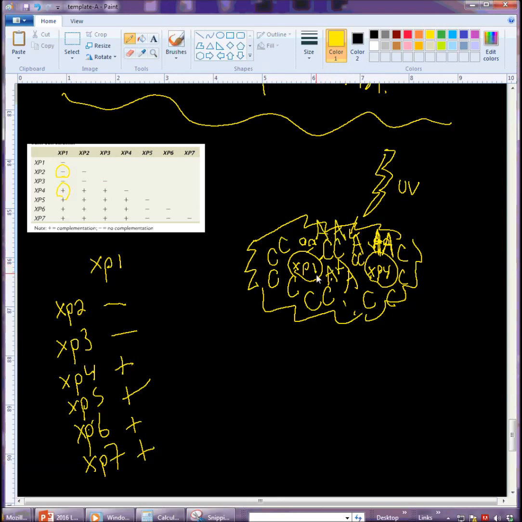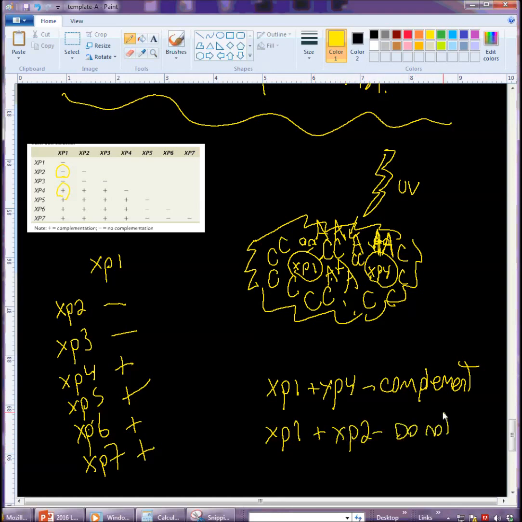Okay, so what does this mean? It means XP1 and XP4 complement each other with respect to UDS, unscheduled DNA synthesis. XP1 and XP2 do not complement each other.